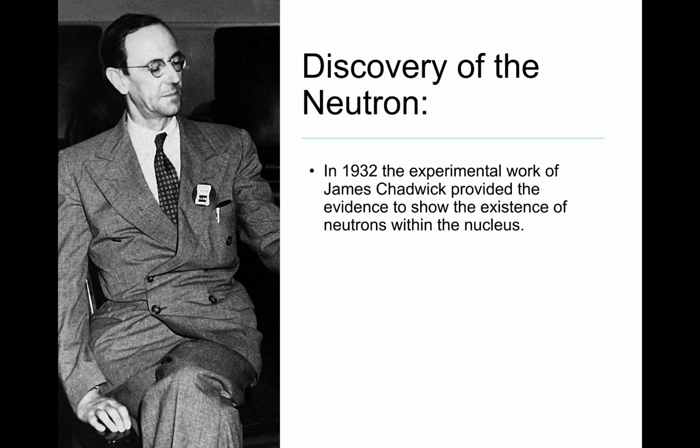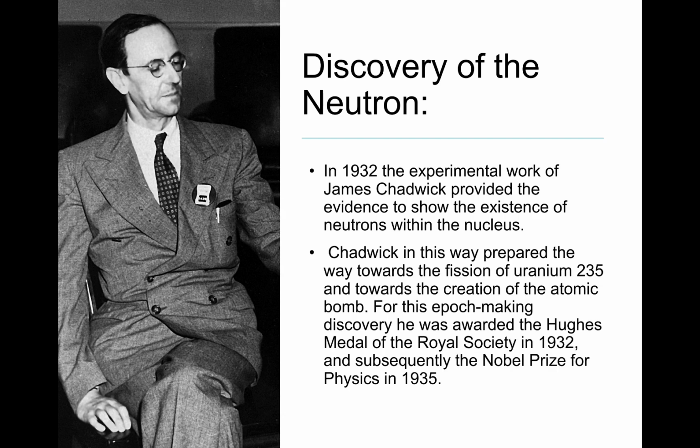Discovery of the neutron. You just need to be aware of this. You don't need to know about the experimental procedure or anything. In 1932, the experimental work of James Chadwick provided the evidence to show the existence of neutrons within the nucleus. So Chadwick, in this way, prepared the way towards the fission of uranium-235 and towards the creation of the atomic bomb.